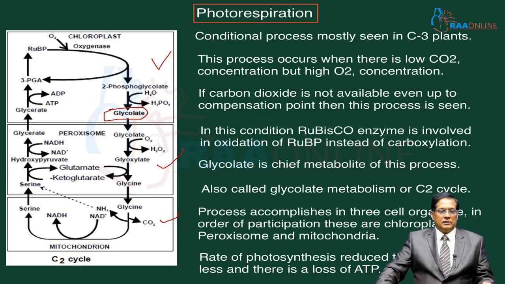Third, glycine and serine, these two are also produced during photorespiratory activity. Then in this process, oxidizer is NAD. And ATPs of light phase are also consumed.